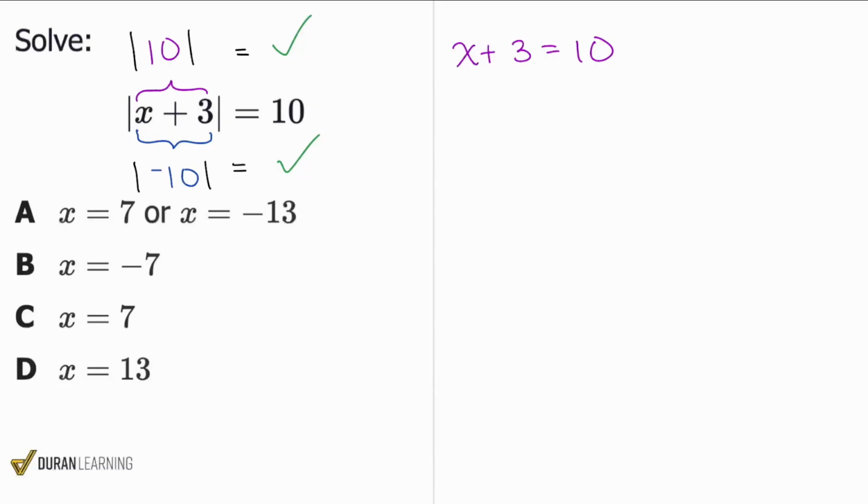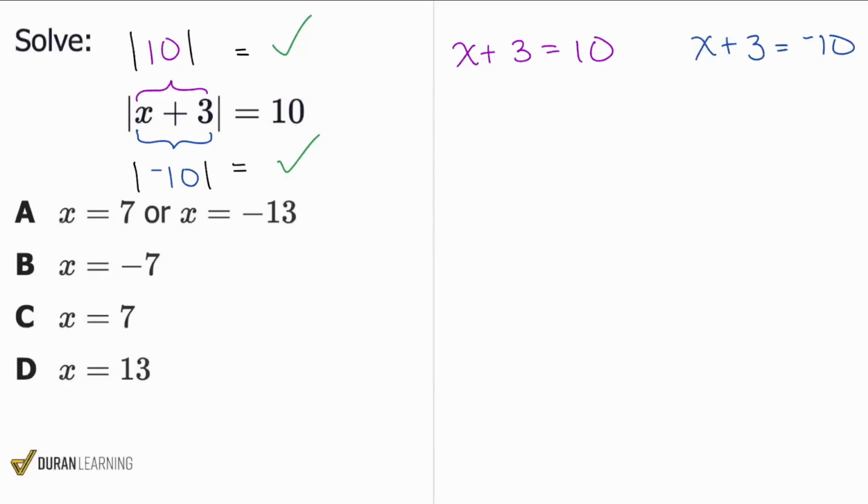And at the same time, in blue, if x plus 3 equals -10, that would still be correct as well. Because remember, if we can get 10 out of this, the equation is still true. Whether it's positive or negative, when we take the absolute value, it'll still be 10.